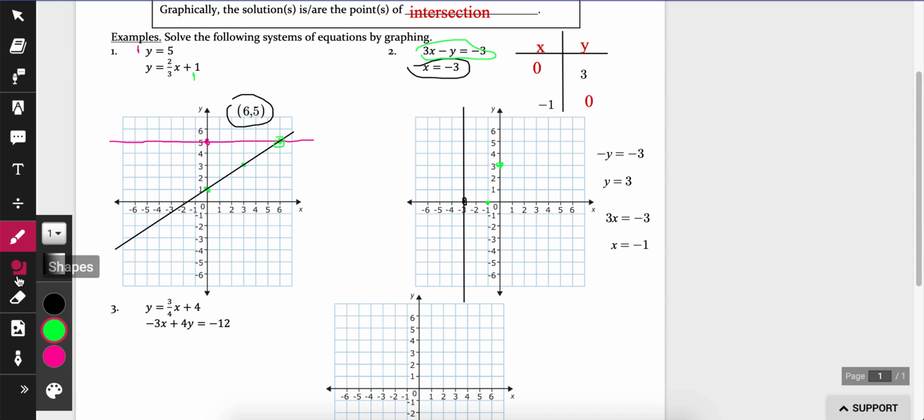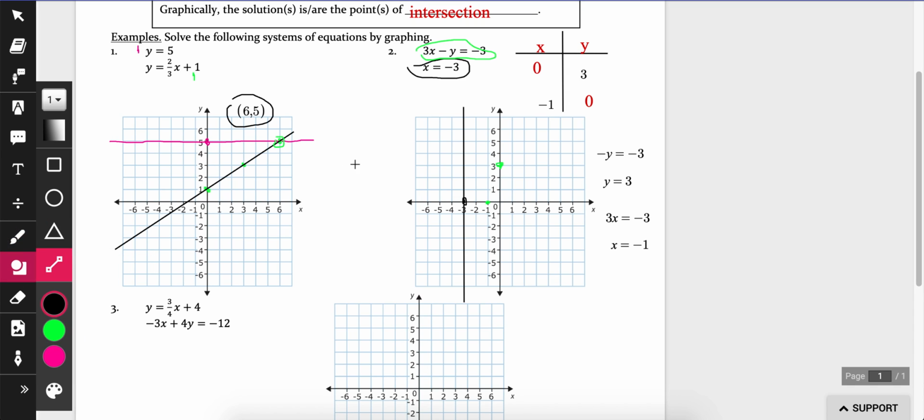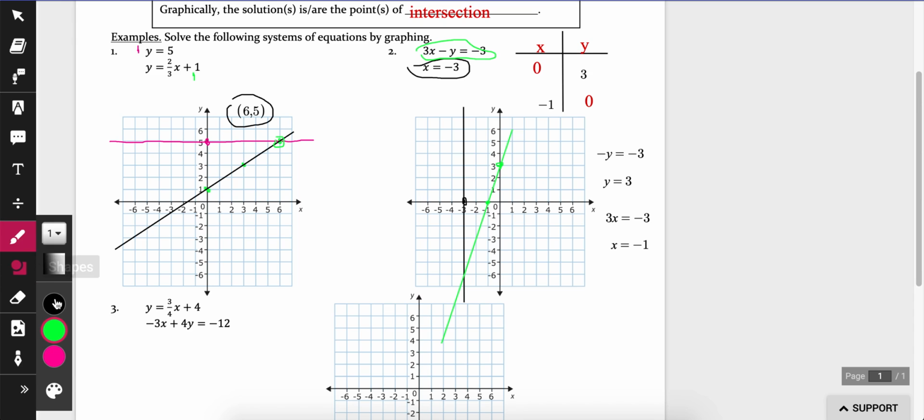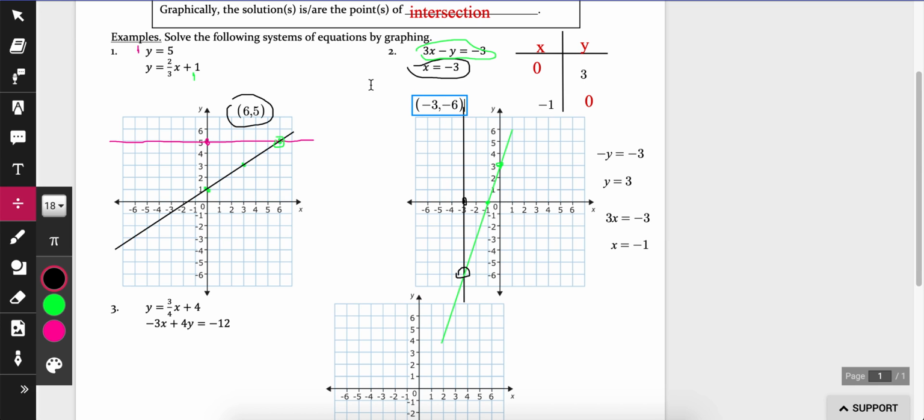These two points help us create our line. It's going to go like this. Now that we have our line, we can see the point of intersection is right here, at the point -3, -6. We've just graphed both lines and looked for the point of intersection.